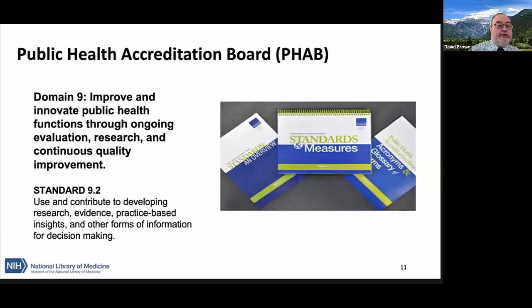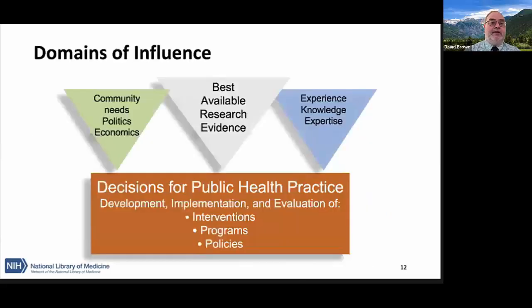Substandard 2 is to use and contribute to developing research, evidence, practice-based insights, and other forms of information for decision-making. So really, it is part of these things moving forward that health departments see the value in it. We want to make sure that we are using the right evidence, getting it, making sure it's grounded in the literature, grounded in the theoretical foundations, to move forward and work for us as we go along.